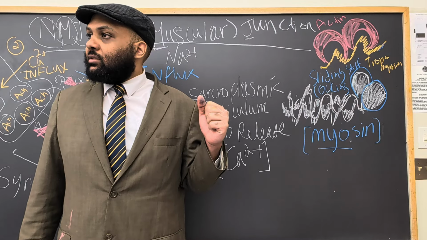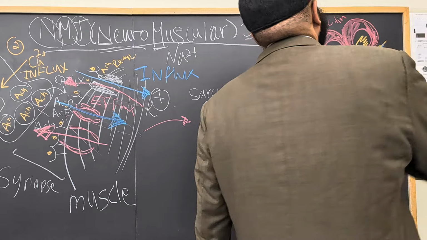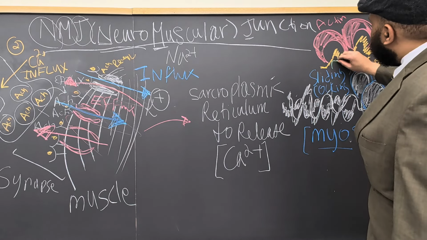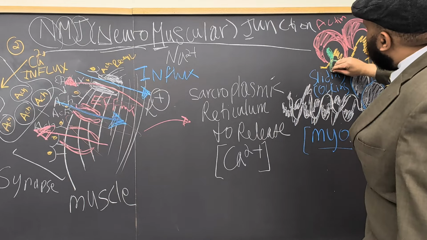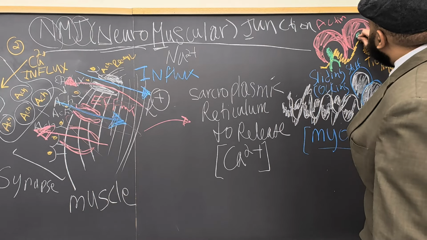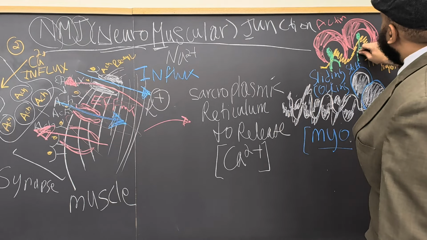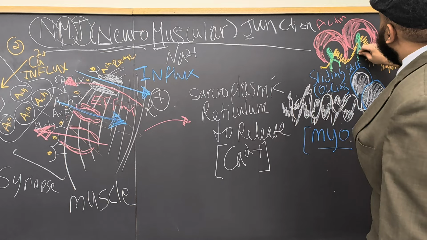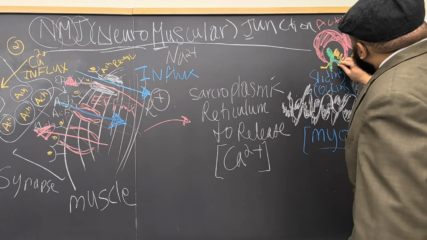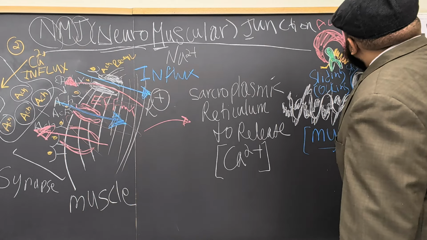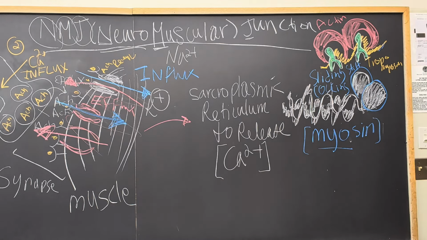Is that clear? Well, there is something on top of the tropomyosin in green. What is this in green here, and what is its job? First and foremost, what is the name of it?